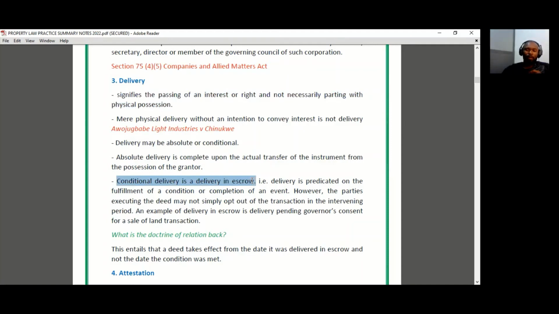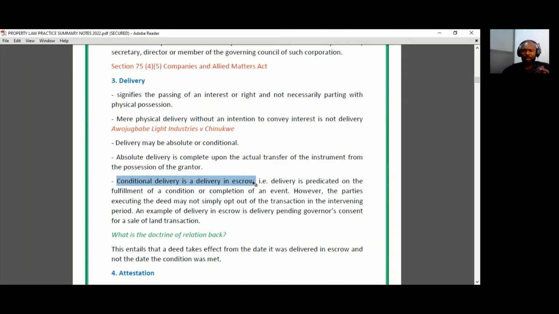Now, a very good example of delivery in escrow or conditional delivery is, of course, any transaction which involves the conveyance of legal interest in Nigeria. You would know that based on the provisions of the Land Use Act, the consent of the governor must be obtained for that transaction to be completed, for it to be a valid transaction.